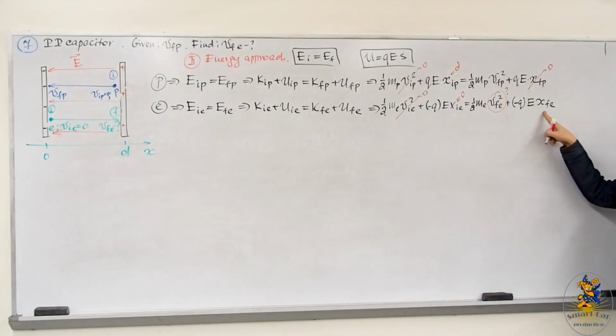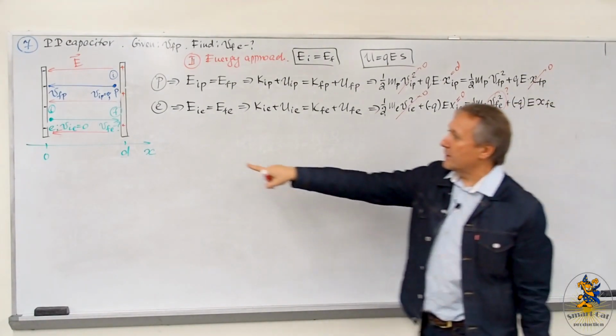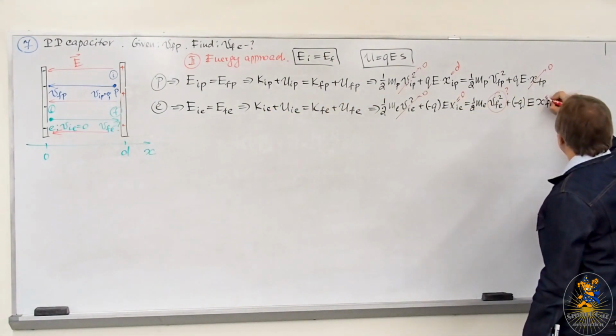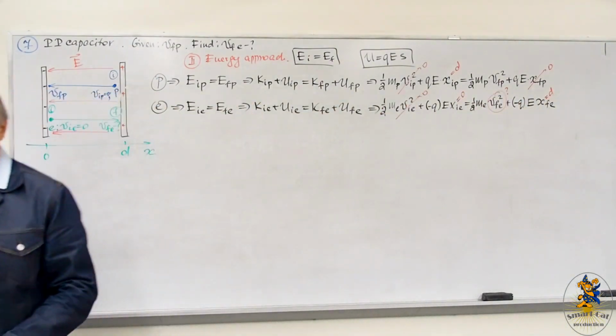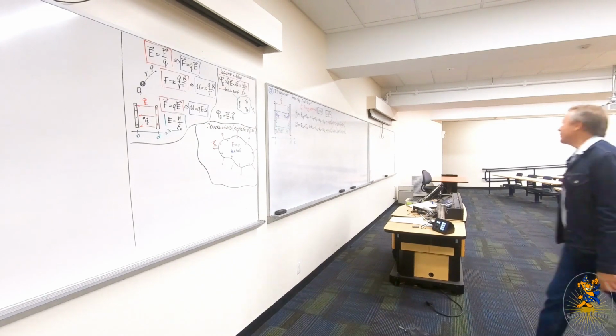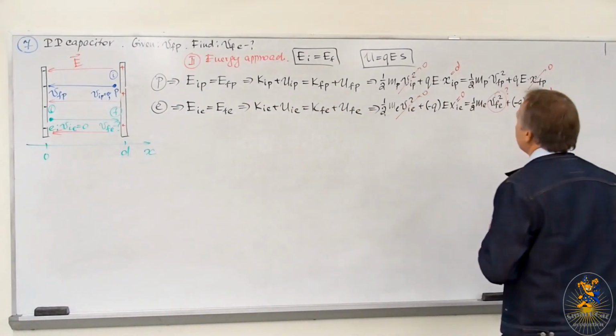And final position of the electron, D. Finally, the electron is over here, which is D, because they basically travel in opposite directions.